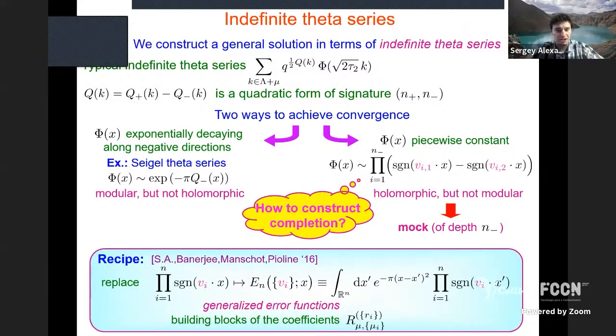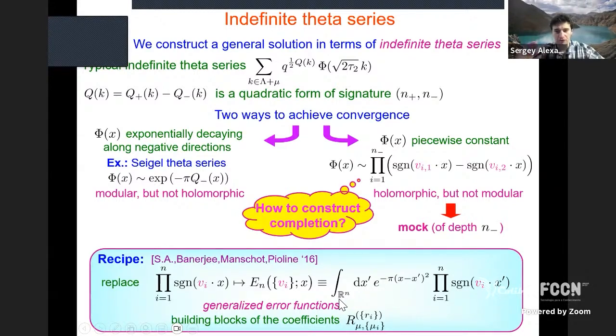Well, there is a very general recipe how to do it. It's very simple, actually. Just expand this product of differences of signs, so you get a sum of products of sign functions of this type, and just replace each product of n sign functions by the so-called generalized error functions of rank n, which is nothing but the convolution of this product of signs with a Gaussian kernel.